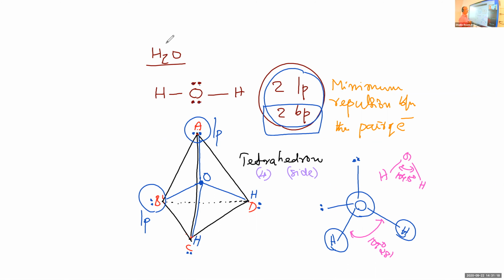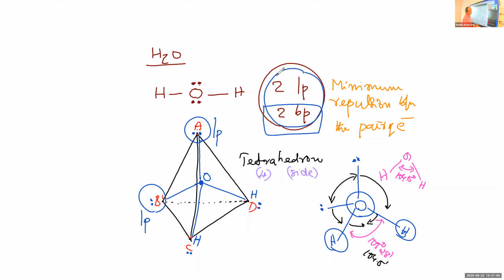And why is the bond angle reduced? That is because there is strong repulsion between the lone pairs of electrons. And so the lone pairs are coming closer to the bond pairs of electrons, and so the bond pairs will be coming closer like this.